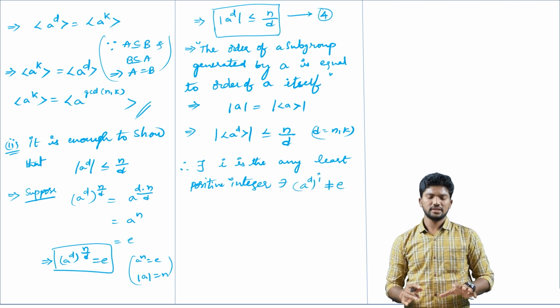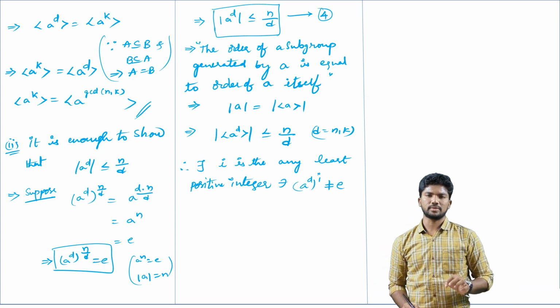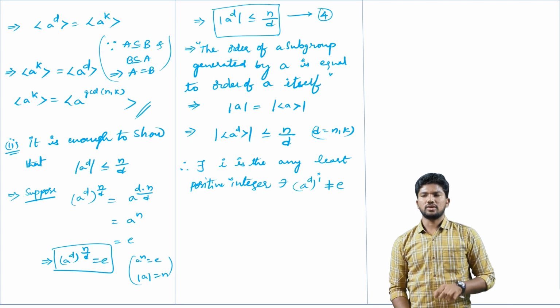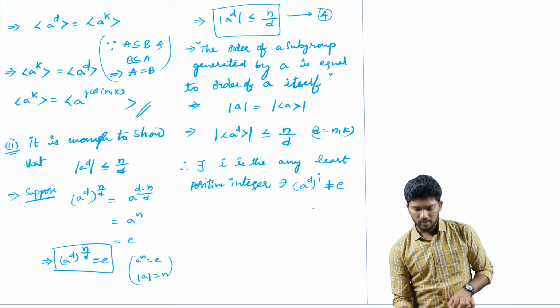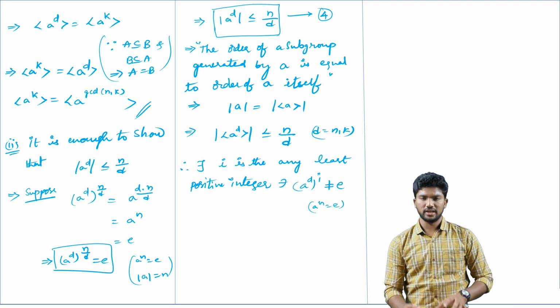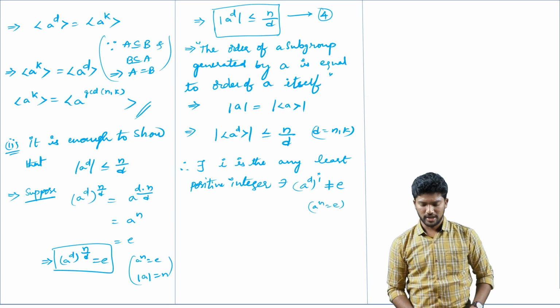If there exists such an i, the least positive integer from the group G, then a power d whole power i is not equal to e. Why? Because we have a power n is equal to e, that means the order of a is equal to n. Then if you take any other number, that other number will not be the order of e.